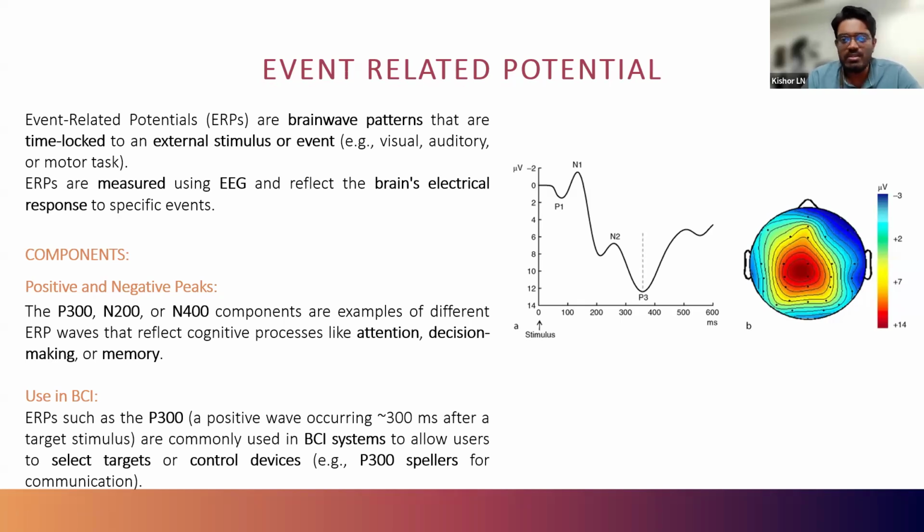And the P and N stand for the positive and the negative peak. So based on this, these are telltale signs that the subject or the patient has undergone a certain stimuli, and the brain is responding to that. So these are short ways of getting the brain's activity and using that as part of BCI.